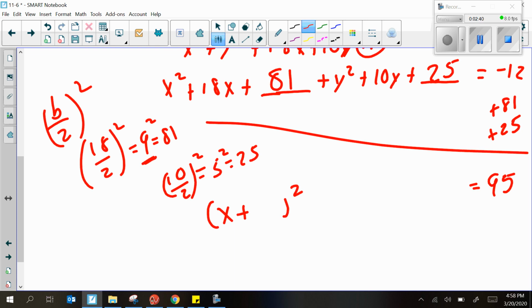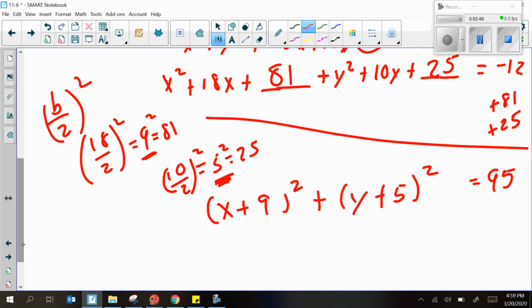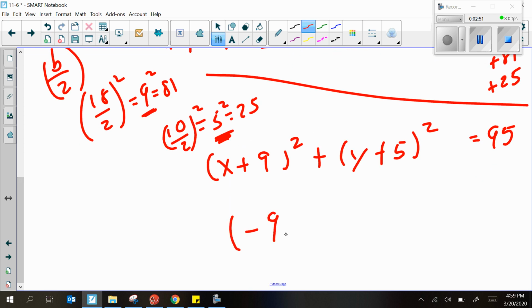It's 9 plus y plus, look back over here, 5 squared equals 95, and I'm done. So my center is -9, -5, and my radius is the square root of what I see right here. So it's the square root of 95.